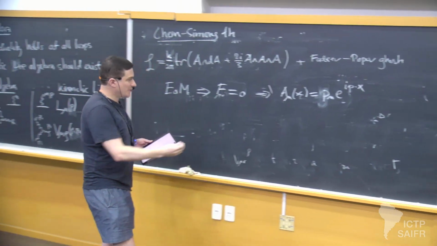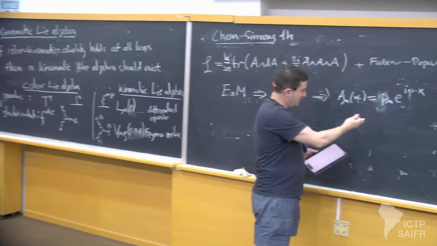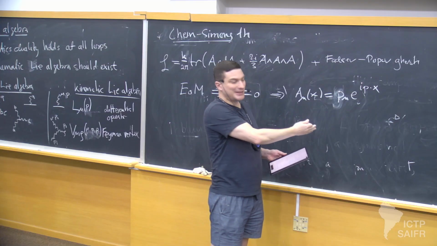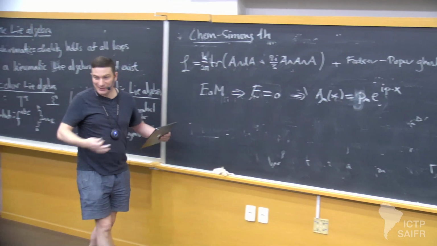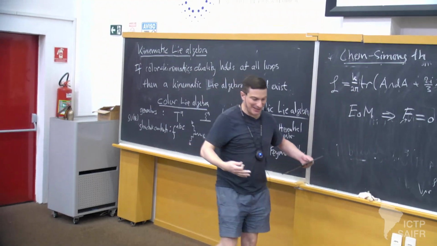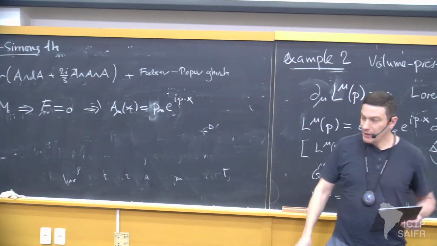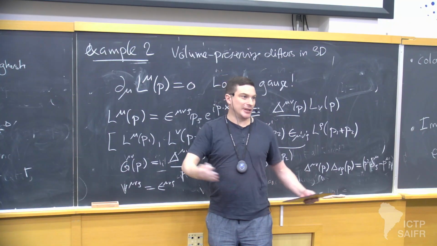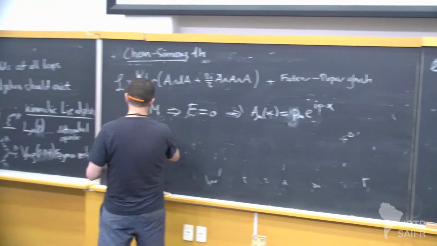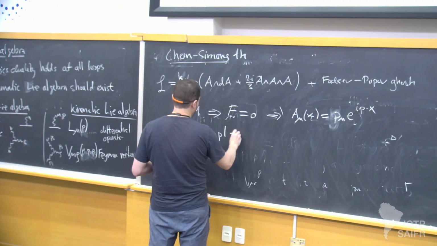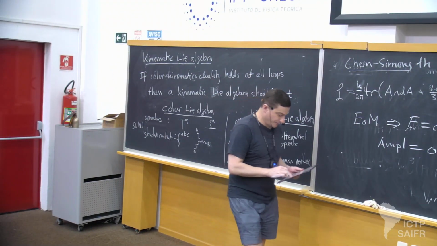So there are solutions corresponding to plane waves in Chern-Simons theory, but you might recognize what the problem is. That's a gauge transformation, right? So you can scatter things in Chern-Simons theory, but you're scattering pure gauge. That's pure gauge. And that means that since you're scattering pure gauge, you're going to get 0. So the amplitude is 0. And that's because it's a topological theory.